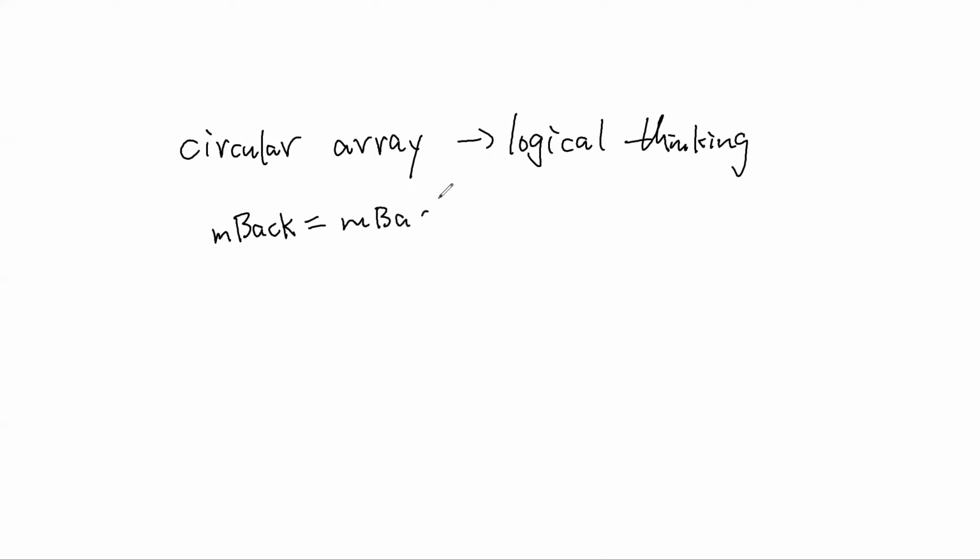So circular array, there is no syntax on circular array. This is purely logical thinking. It's just the M back index. Generally speaking, each time when we do adding, we update the back index like this.